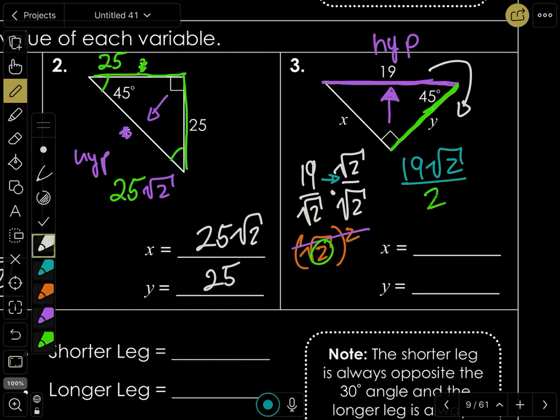And this is a pattern you will find very often. Whenever you divide by a radical, you multiply the top, and the bottom will be freed. You'll just free whatever bottom number that is. So our x value here is the same as the y value, and both are 19 square root of 2 over 2.